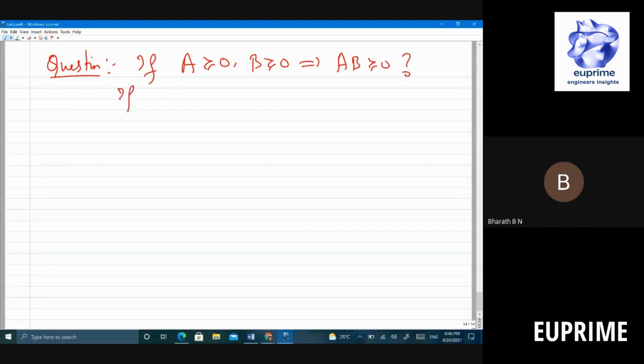If not, come up with a counterexample. State a counterexample. If it is true, you should be able to prove it. Okay, so I'll leave this as a homework problem. Figure out whether AB is a positive semi-definite matrix or not.